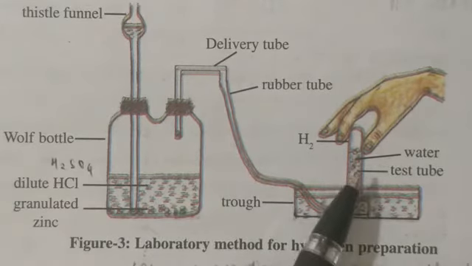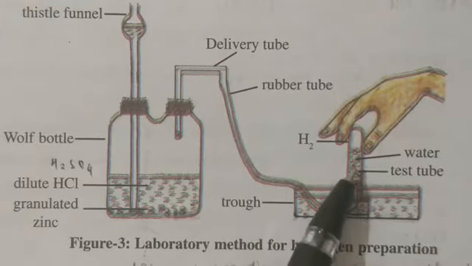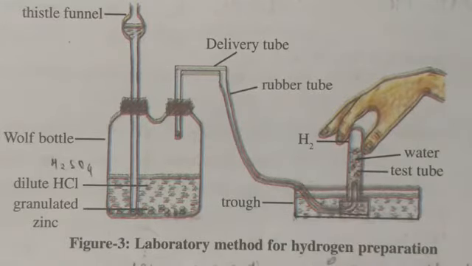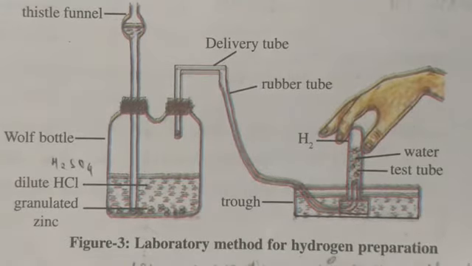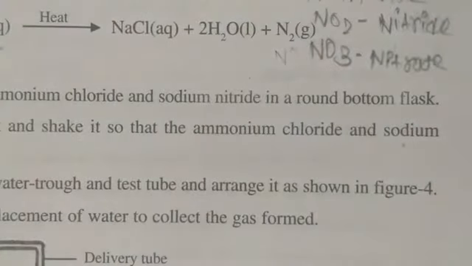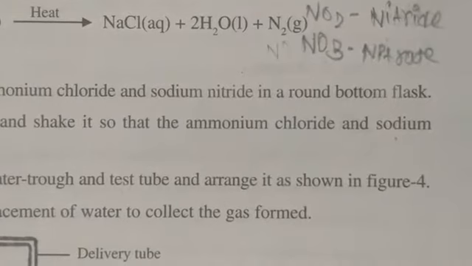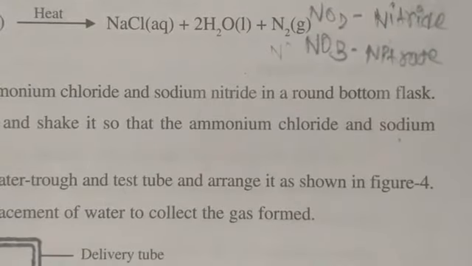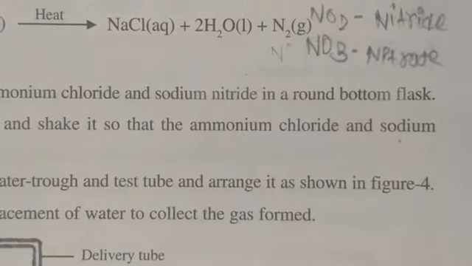But we know the hydrogen which we collect in the gas jar has many impurities. The first impurity is H2S. So you just take this hydrogen and pass it through the lead nitrate system.